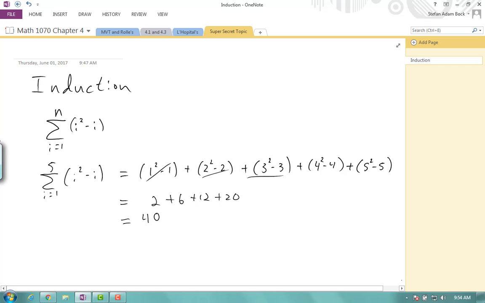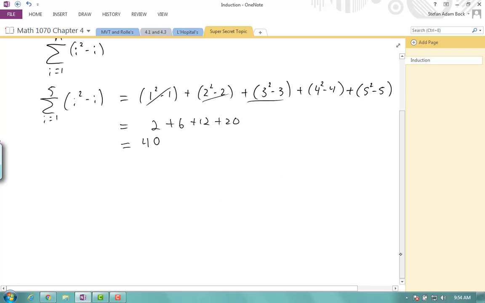But this could be a very tedious calculation if I was looking for, for example, the sum i equals 1 up to 100 of i squared minus i. I would have to write out 100 terms, one for each i from 1 to 100, and then I would have to add all of those up together, and that would be awful.